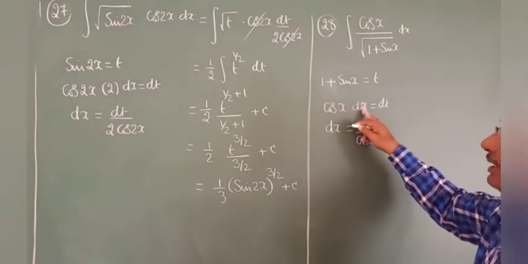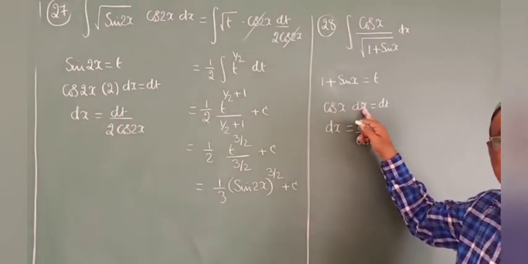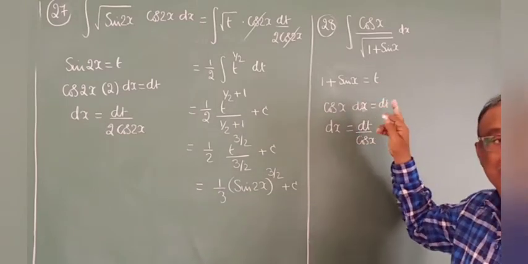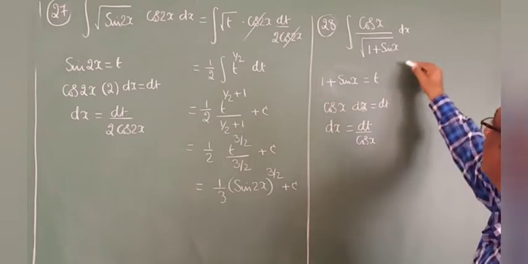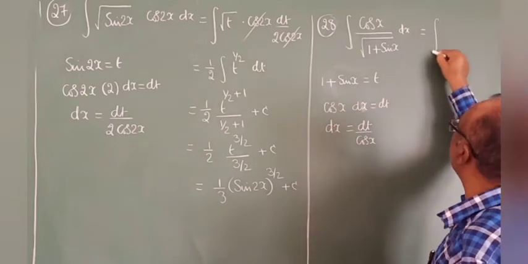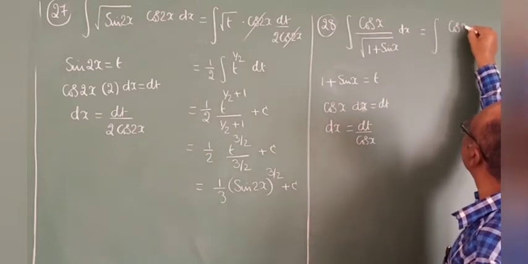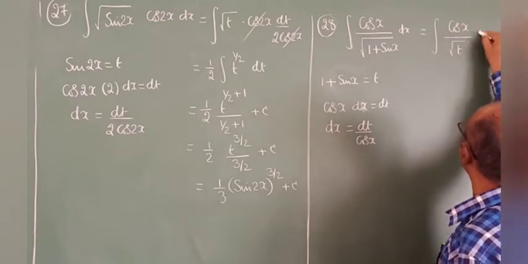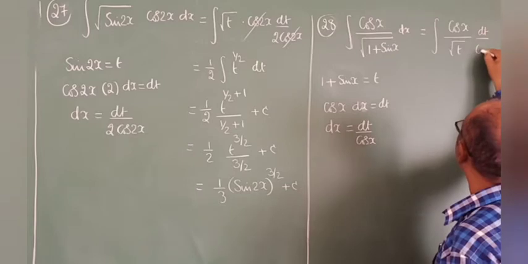So with respect to x, dx is equal to dt, since the derivative of t is 1. Now substitute: integral of cos x by root t, and the dx value is dt by cos x.